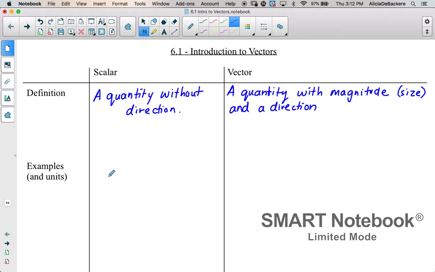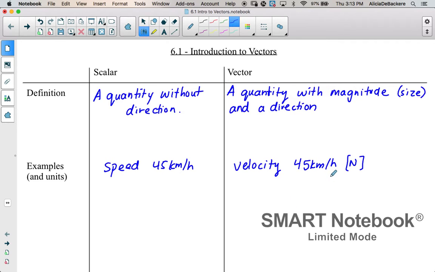Okay, so some examples. In the scalar world, we might talk about speed. Like maybe the speed is 45 kilometers per hour. In the vector world, we would talk about velocity. And the velocity is going to have a direction. So sometimes the direction is based on our map, and so we could say like it's 45 kilometers north or something like that.